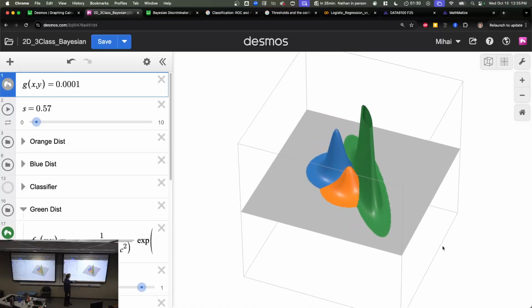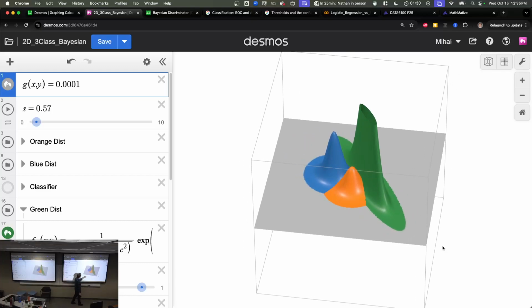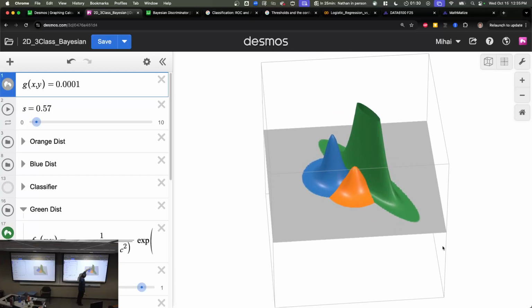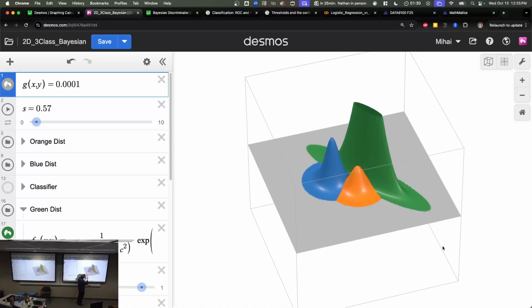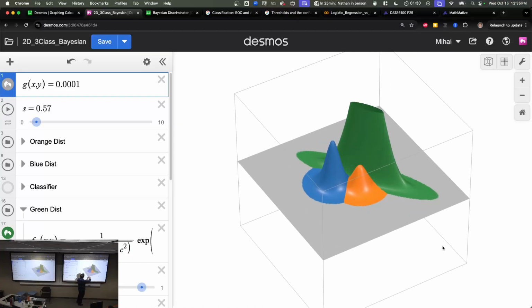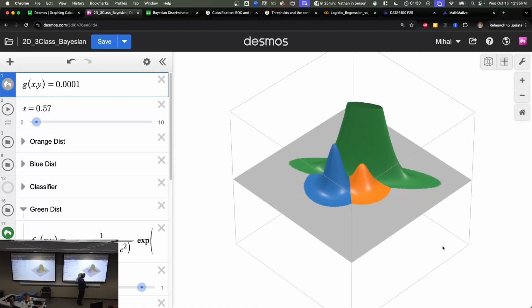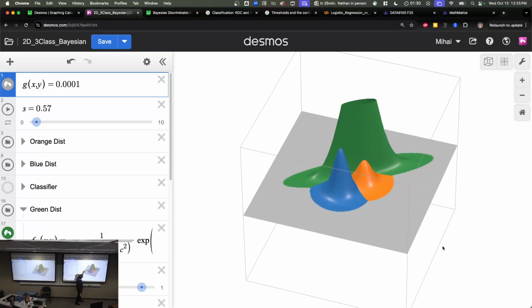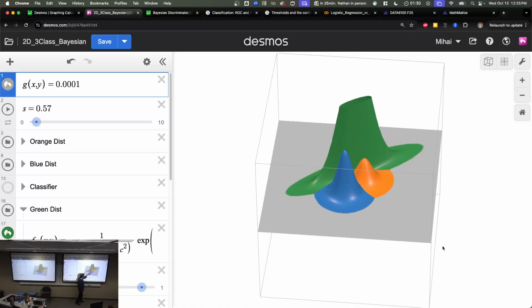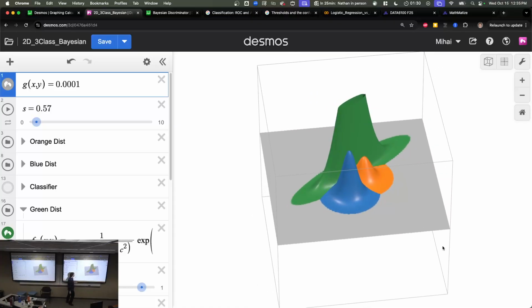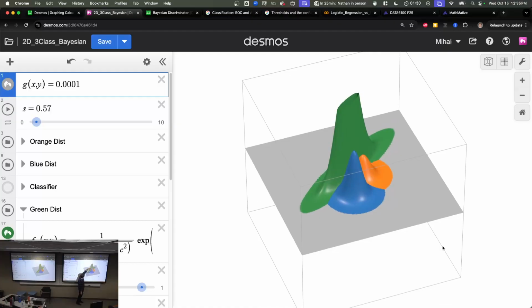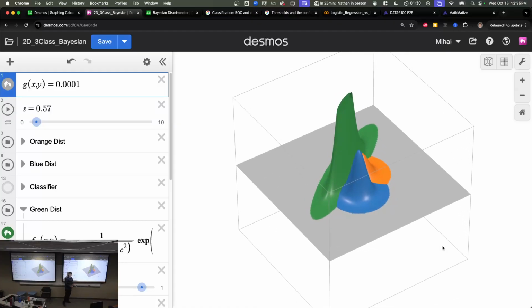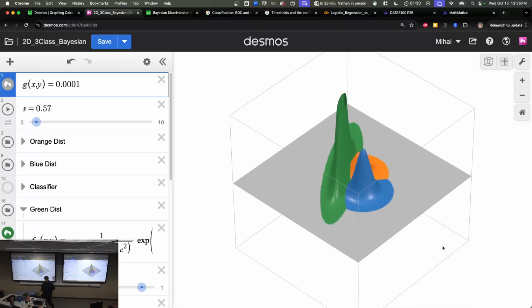So we have 3 classes now, and each of them is sort of modeled by a Gaussian distribution, but because we're in multiple x dimensions, x1 and x2, the green class has a really big correlation between x1 and x2, and that's why it's kind of an ellipse in a certain direction rather than a circle like blue and orange. And you can see there's quite a bit of overlap. So there's points in the middle where we're not really quite sure, is it more likely to be a blue point or an orange point or a green point?